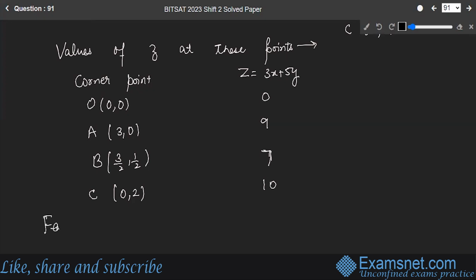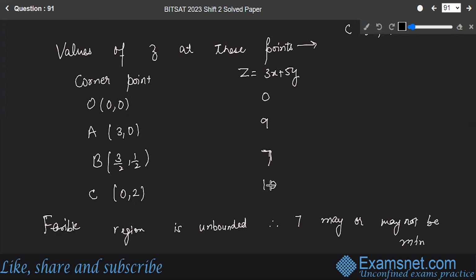Feasible region is unbounded. Therefore, 7 may or may not be the minimum value.